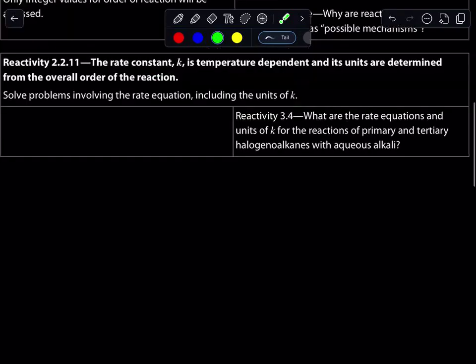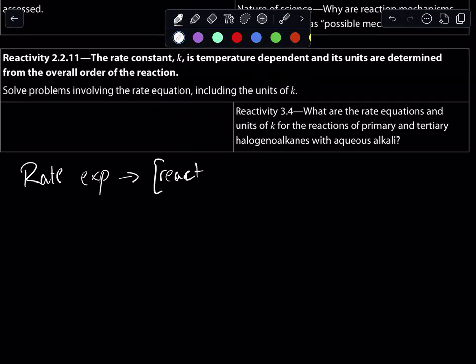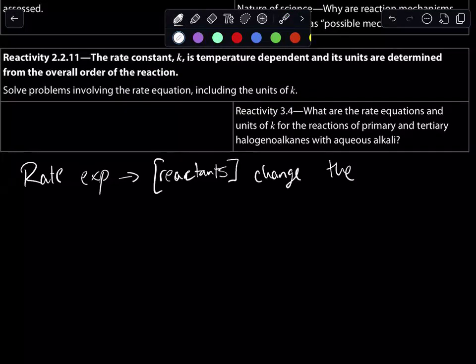So by jumping right in, when we talk about any rate expression, we learned in the last unit that the concentration of reactants will change the rate. And we know that already, and the amount that it changes it differs.